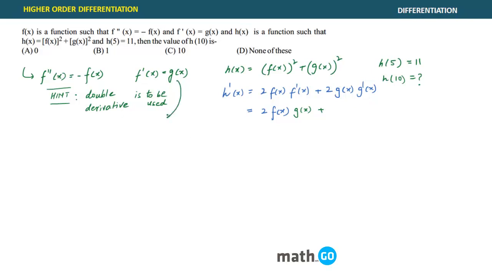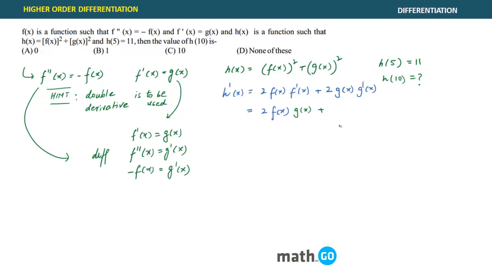I again rewrite this particular step over here. So this becomes f'(x) is equal to g(x). I'll differentiate this. So I'll get f''(x) is equal to g'(x). And we know from here that f''(x) is minus f(x). So I can say g'(x) becomes minus f(x).